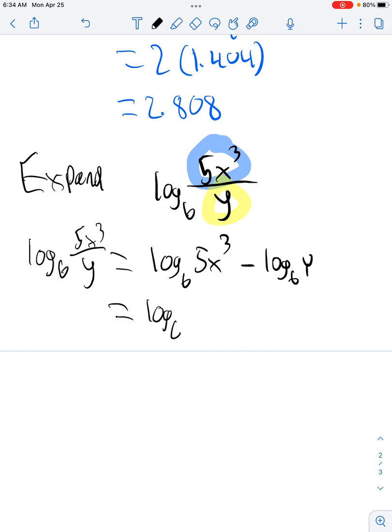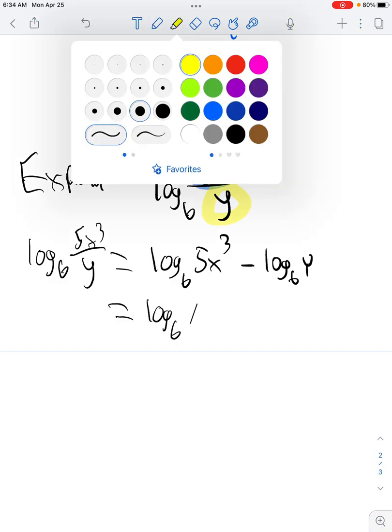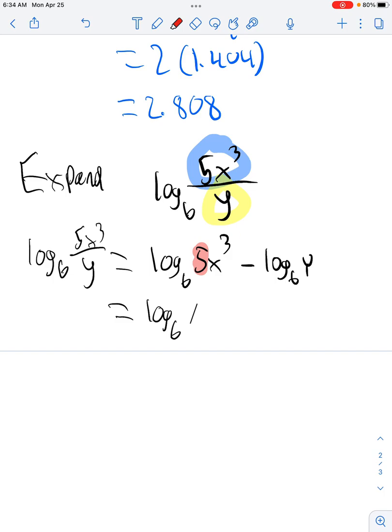That equals log base 6 of 5 plus log base 6 of x to the third minus log base 6 of y, where now I'm splitting up 5 and x to the third.